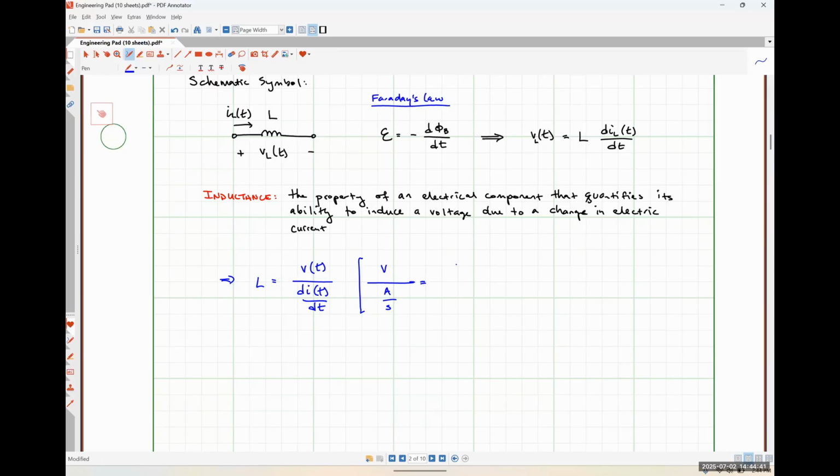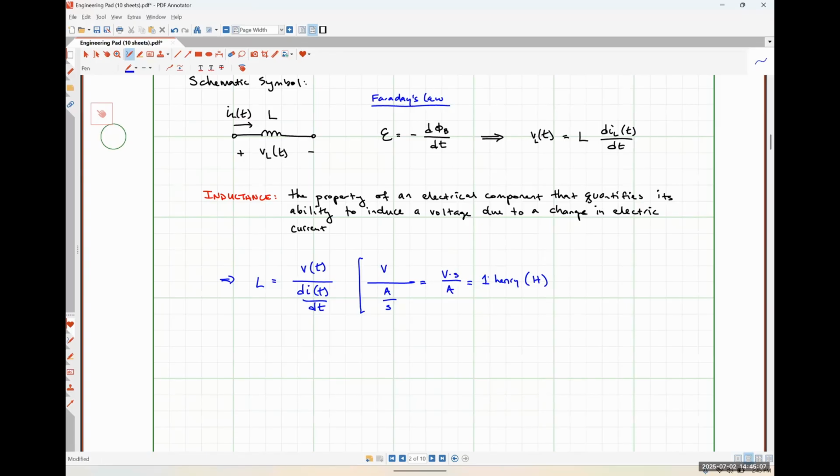And so we could rewrite this as a volt second per ampere. And this is what is commonly called a Henry. So lowercase h when we're spelling the unit out, capital H when we're showing that unit on a schematic diagram or something like that. Okay.